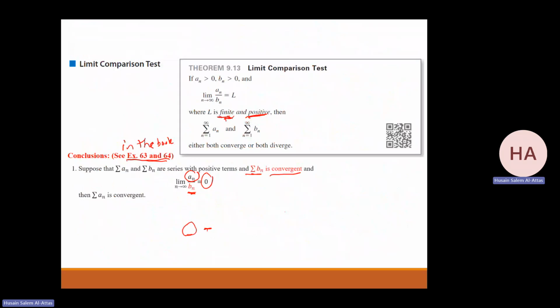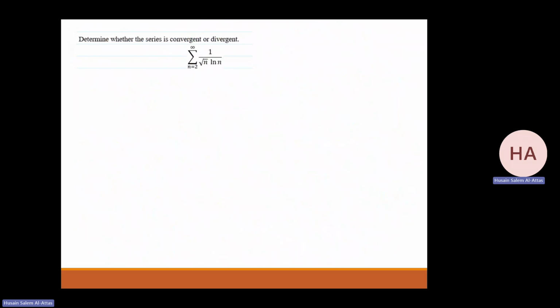I don't care about that, because the series will do the same. So I have ln n for sure less than square root of n, which is n to the power half.